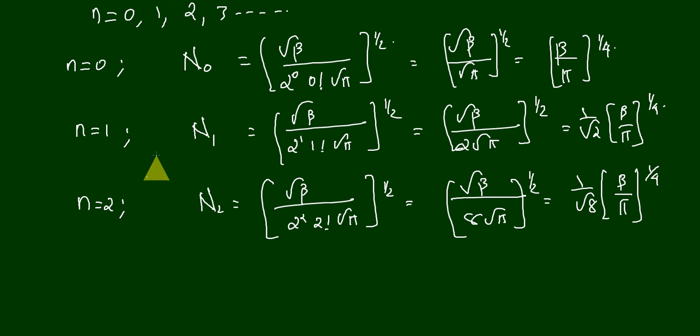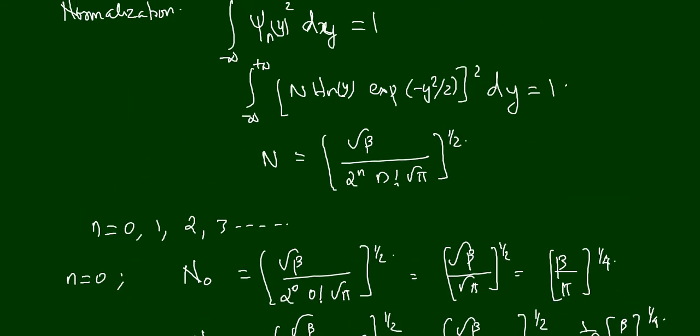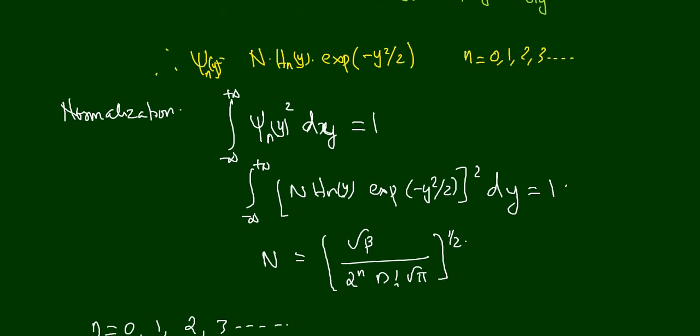Okay. And now what we have to do is find out the expression for H n y for different values of n, because we already have found out the expression for N, the normalization factor, for different values of n.